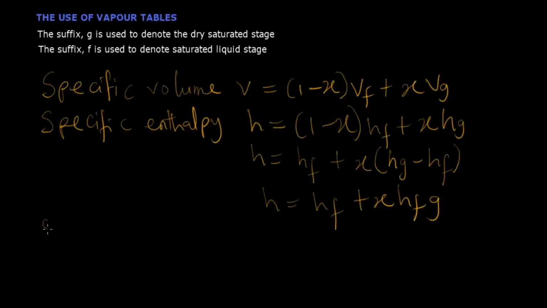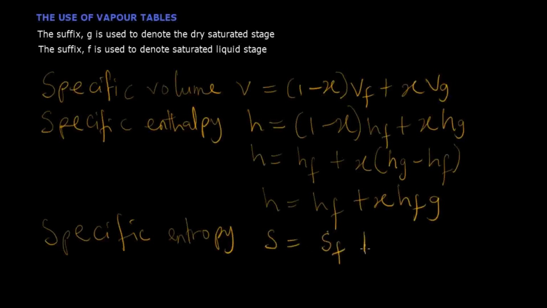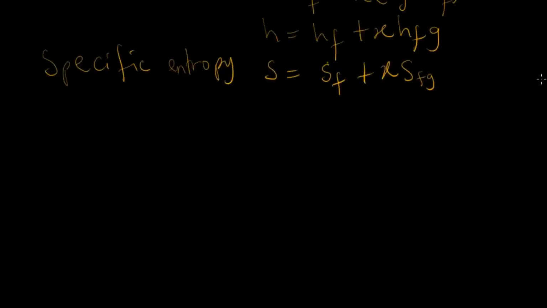Now we go over to specific entropy, a small s. Just like specific enthalpy, let's go straight to the final formula: s equals sf plus x sfg.